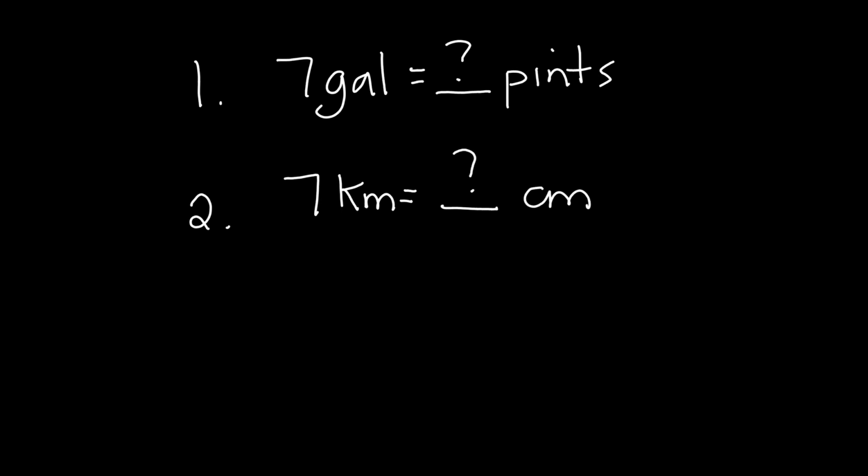And final question, if I have 5 yards, how many inches do I have? Work those out. When you're ready, hit the play button and we'll go through each one together.